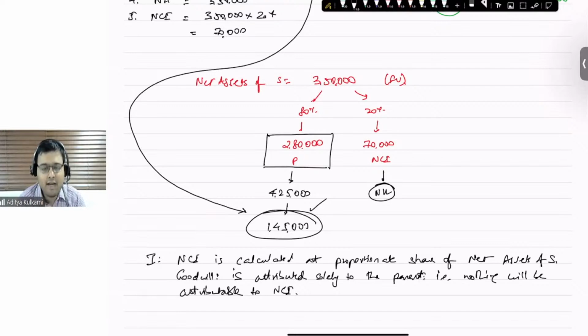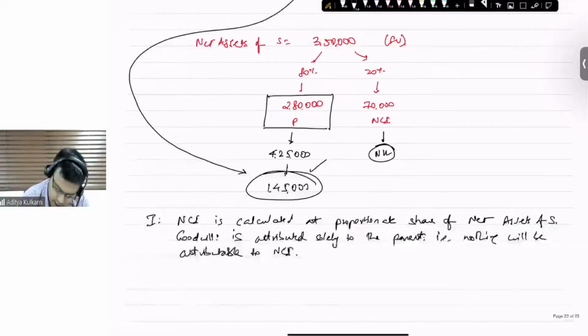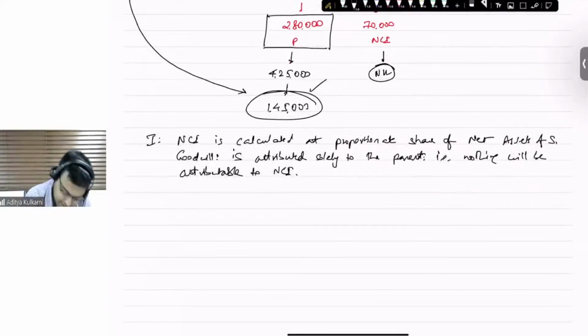When you are calculating your NCI as a proportion of net assets of S, the goodwill that arises will be attributable entirely to the parent, and nothing will be attributable to the NCI. All right. Now, let us look at the second case. Let us look at the second scenario.